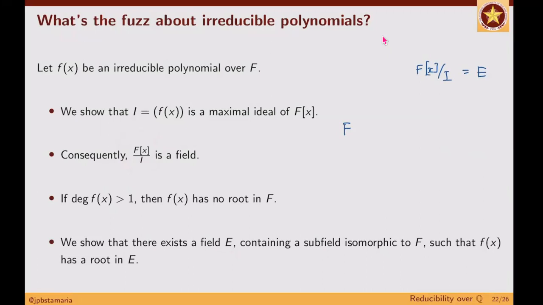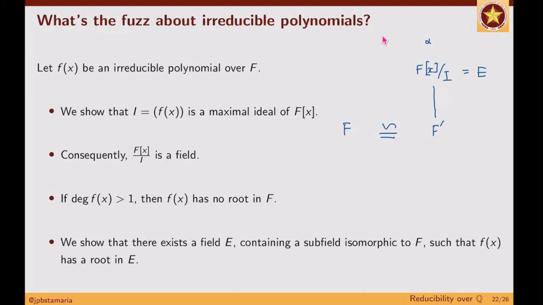Sa ring na ito or sa field na ito, actually, merong element dyan na alpha. May isang coset dyan, tawagin yung alpha, kung saan, yung alpha na yun ay root nung f of x na kanina walang root. Tapos, at the same time, meron tong subfield na tatawagin natin F prime. Tapos yung F prime na yan, isomorphic doon sa F.